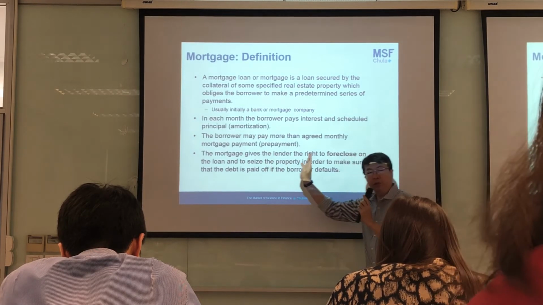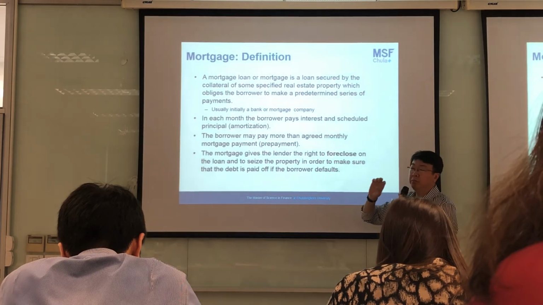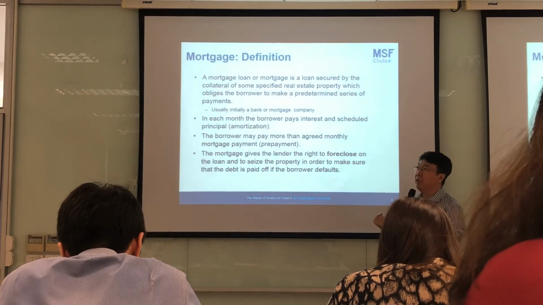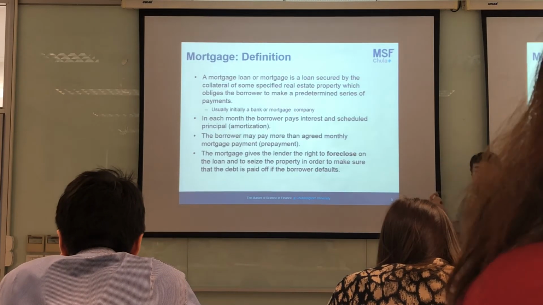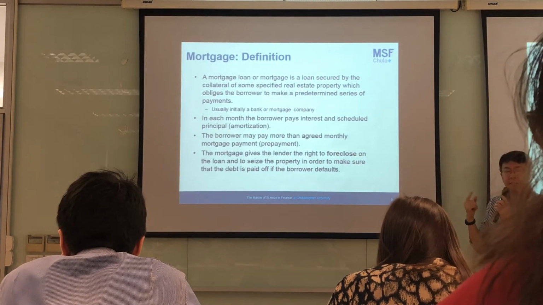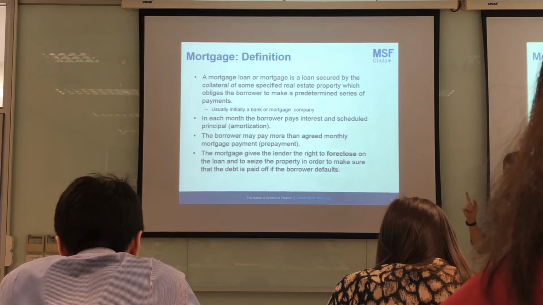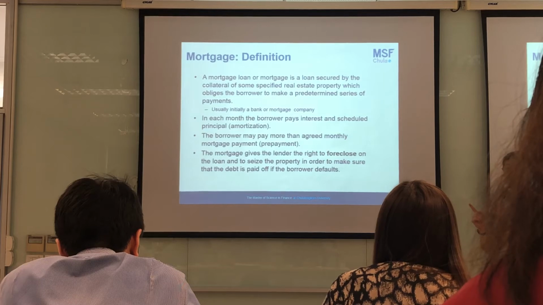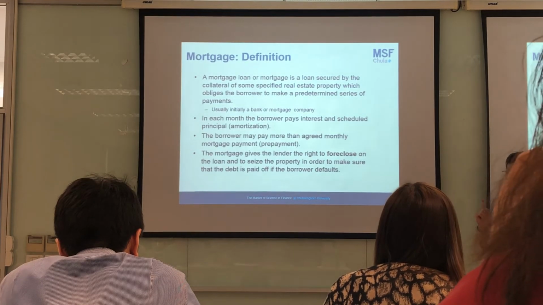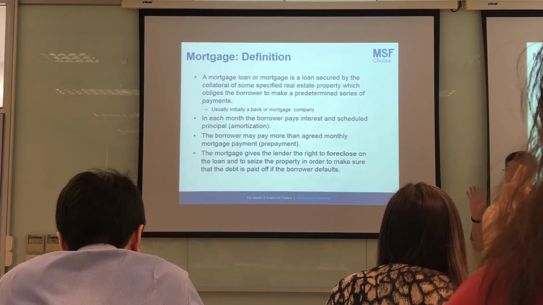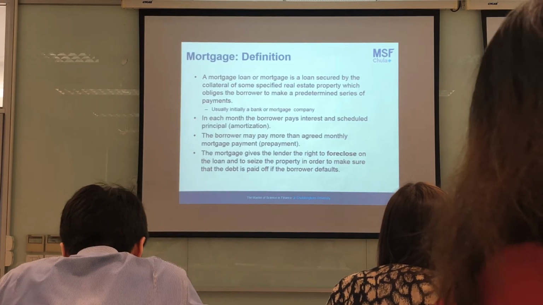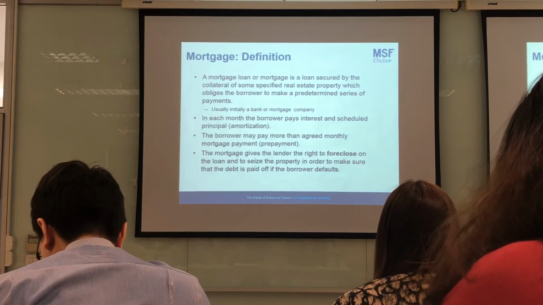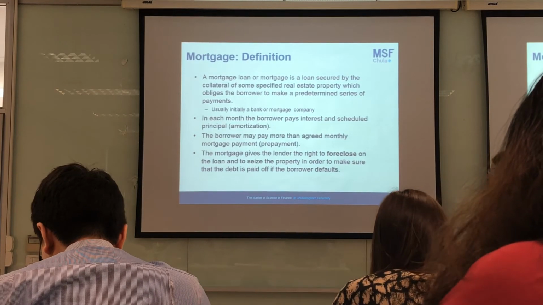For the mortgage loan, normally, as I mentioned, the borrower must have some collateral for the bank. The bank will use this collateral in the case that the borrower is not able to pay the loan anymore. So the bank or the lender will liquidate the asset to pay the unpaid balance.